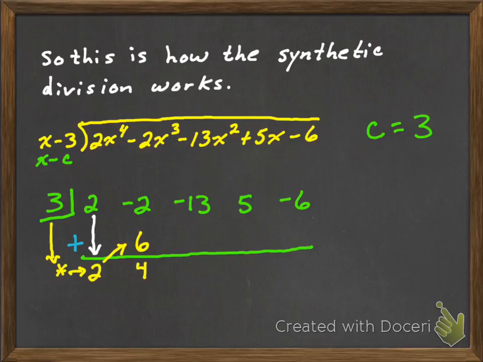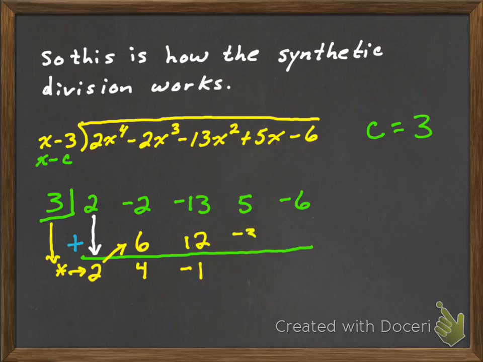Now we repeat the process. We multiply the 3 times the 4 and put that answer right here. So that will be 12. And then we add these two numbers together. That's -1. Repeat the process again. 3 times -1 and put that answer here.